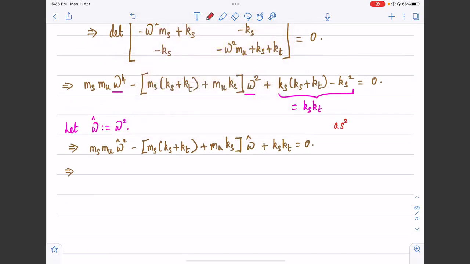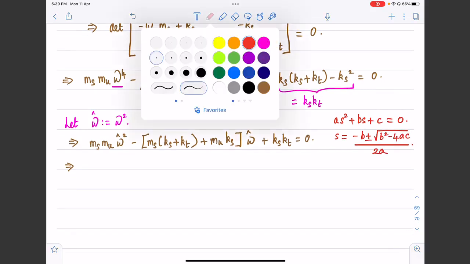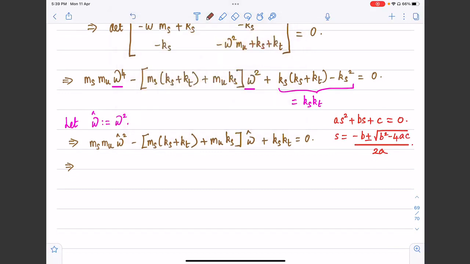So we are aware of quadratic equations of this form: a s squared plus b s plus c equal to 0. If we have such an equation, the solution is minus b plus or minus square root of b squared minus 4ac, divided by 2a. That's going to be the solution for such quadratic equations, right? So we are going to use the same formula here. Only thing is that it's a quadratic equation in omega squared.